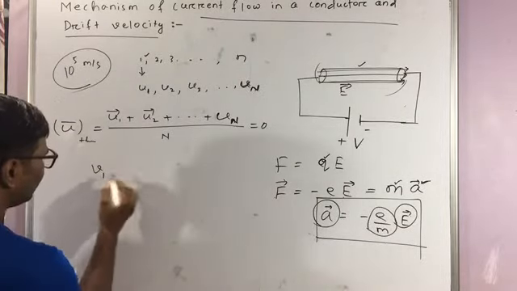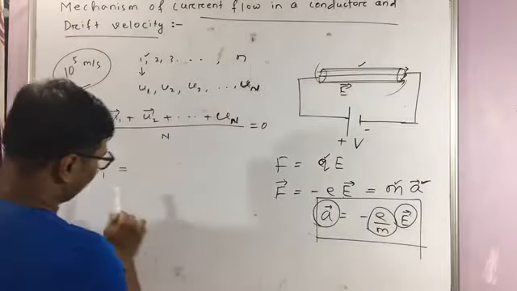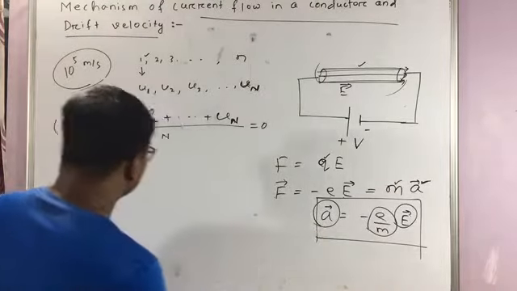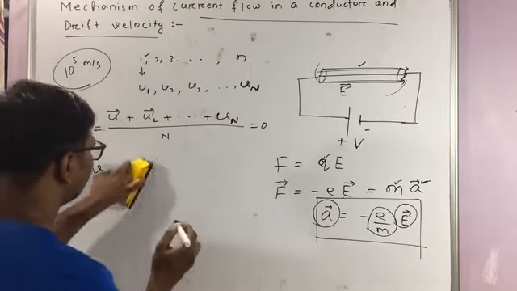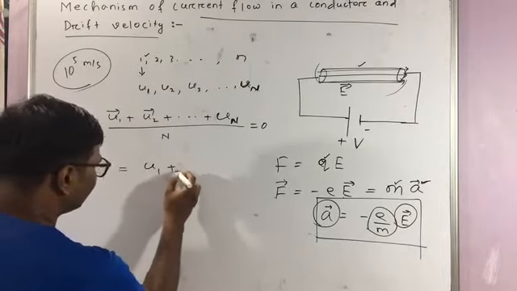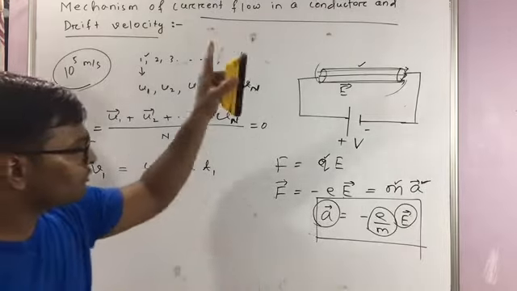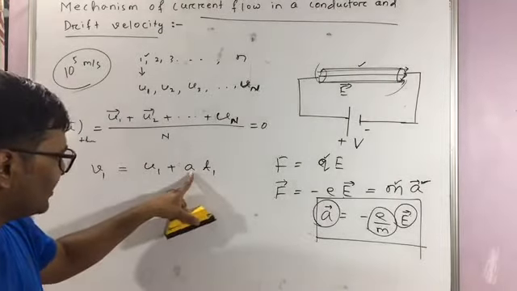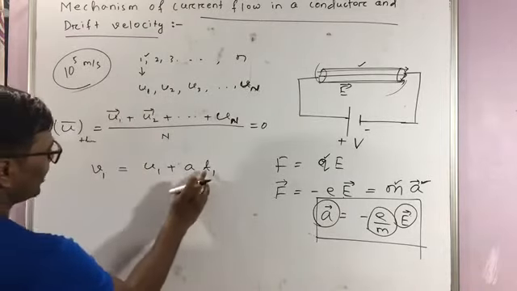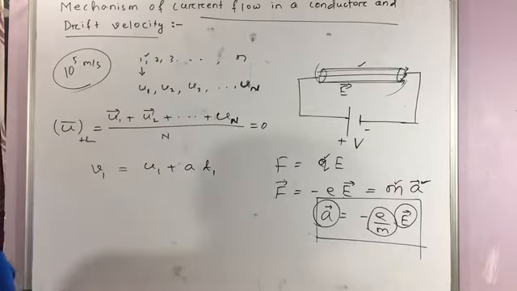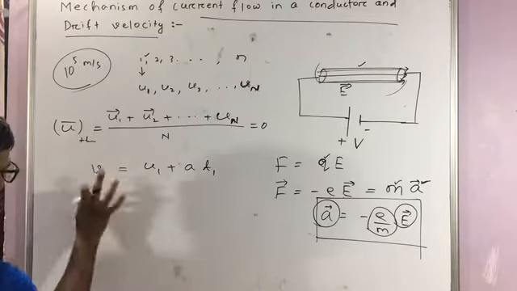So we can say the formula v is equal to u plus at is applicable here because the acceleration is constant. So v1 is equal to u1 plus a into t1. Since acceleration for all the electrons is constant, I am taking it to be a. Here u1 is the initial speed of the first electron and t1 is the relaxation time, the time gap in between which the velocity changes from u1 to v1.